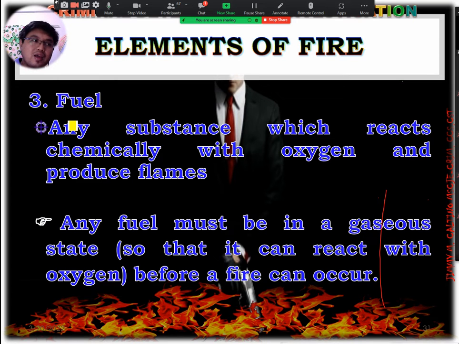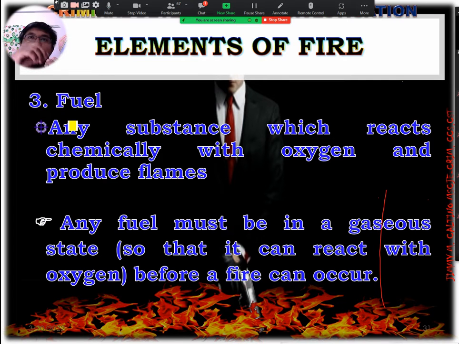Kahit yung papel na susunugin mo, solid yun. Pag sinunog nyo yan, makita mo, hindi talaga dugtong yung flame niya. Yan, di ba? Hindi magkadugtong talaga yung flame doon sa papel na sinusunog mo. O kaya naman sa kandila. Di ba? Yung kandila may thread sa gitna.